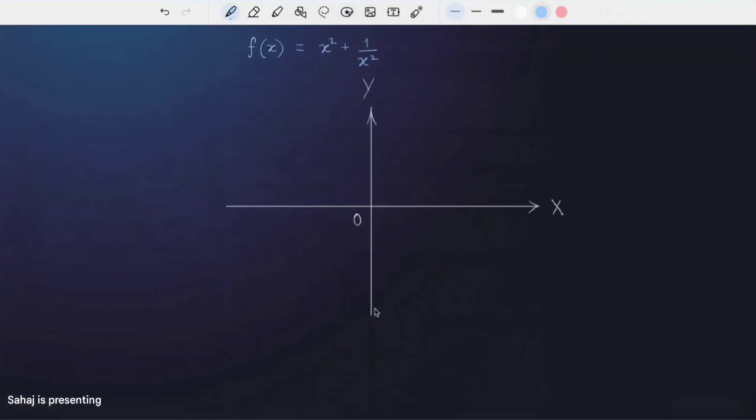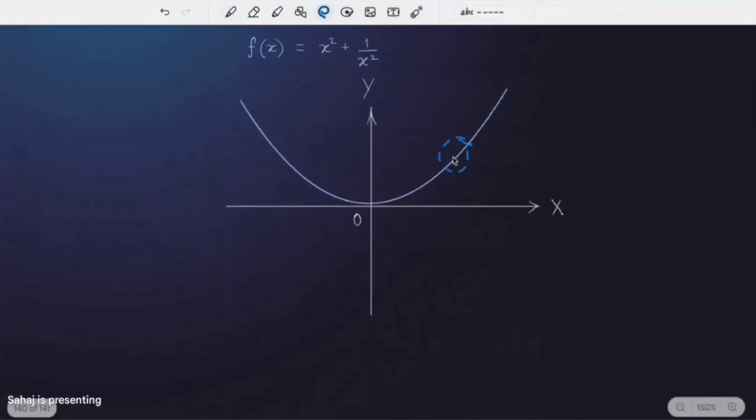How does x squared look? x squared, we know it's a parabola looking up, something like so, but it should pass through 0, 0. So this is the x squared parabola.